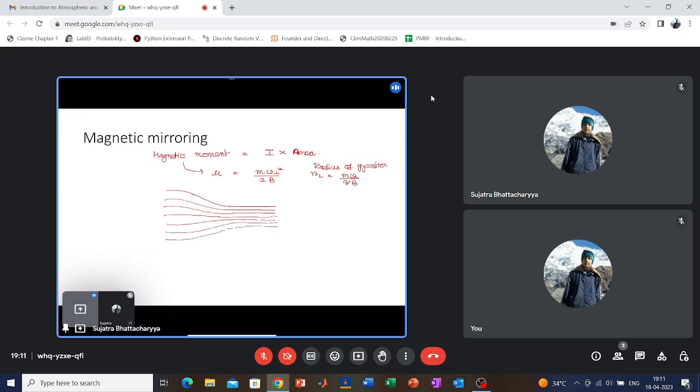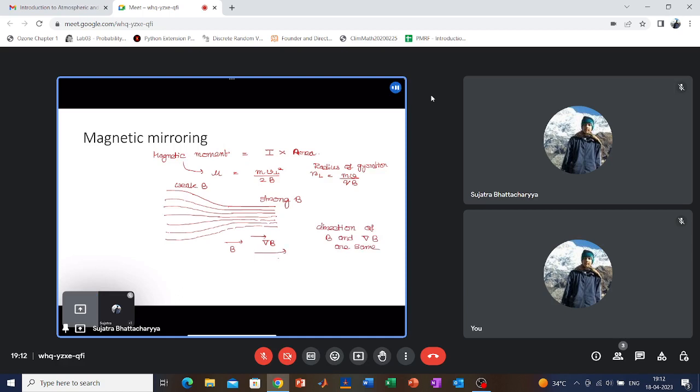So this is the strong region and this is the weak region. Weak B, strong B. And the direction of B is in this direction. The direction of grad B is also in this direction. So the direction of B and grad B are the same.